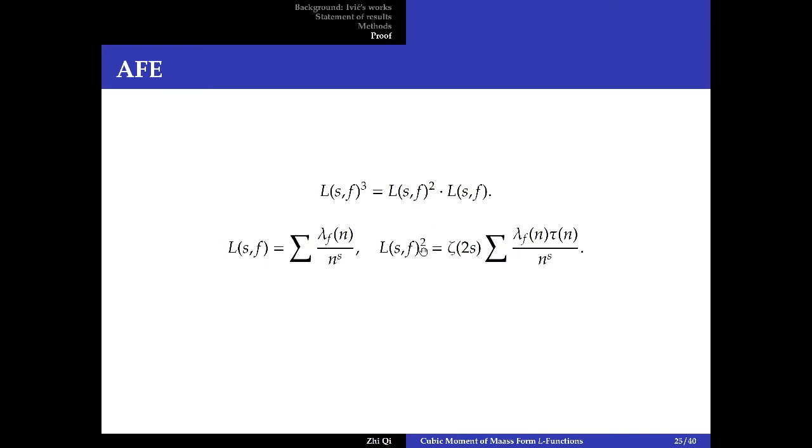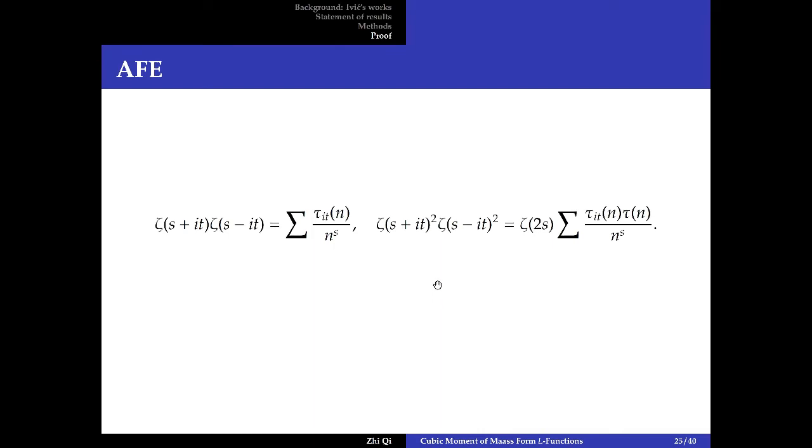And if you take the square, by the Hecke relation you find that you need to treat this Fourier coefficient by the divisor function. And because of this divisor function, we need to apply Poisson. And for this one, we need to apply Voronoi. And for this one, we'll apply Poisson.